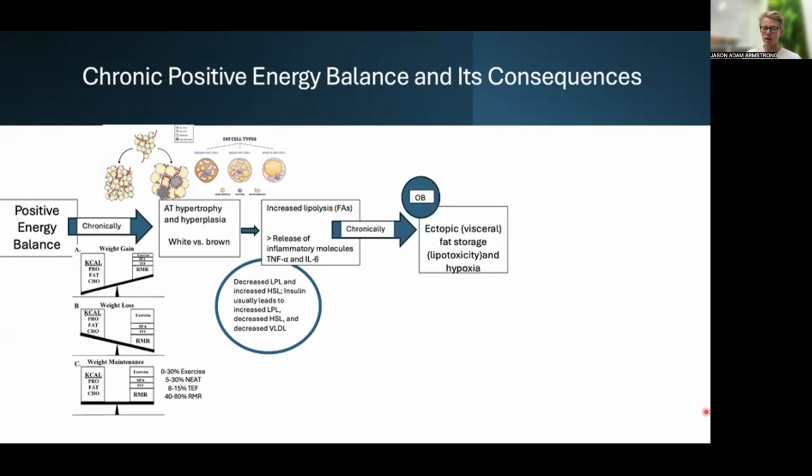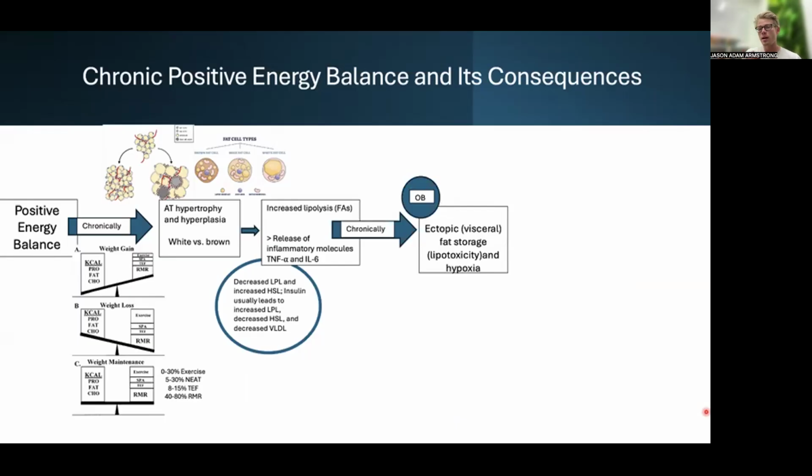So if we see that chronically, right, we've got this chronic high levels of free fatty acids in the blood, then we're going to start storing those free fatty acids somewhere. And it's not going to be in fat tissue. So where do we store it? Well, we store it in other organs where it's not supposed to be. And we call that ectopic fat storage or visceral fat storage, which results in lipotoxicity and hypoxia.